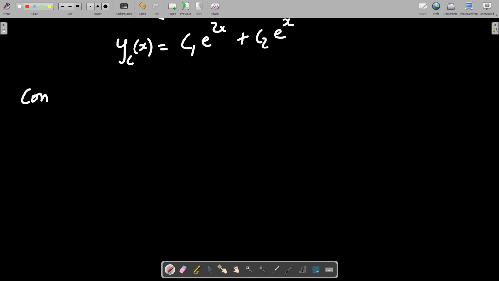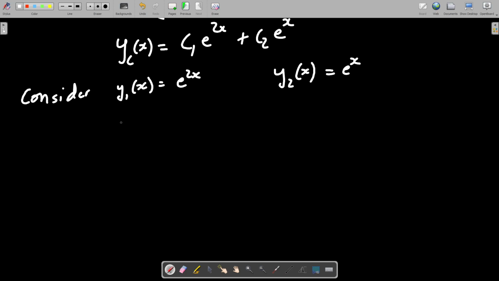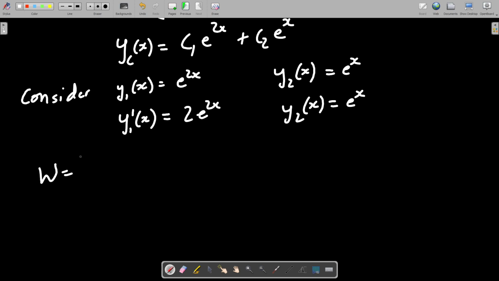Consider y1 of x to be equal to e raised to 2x, y2 of x to be equal to e raised to x. So what will be y1 prime of x? 2 times e raised to 2x. y2 prime will be just the same function again. So the Wronskian over here will be what?